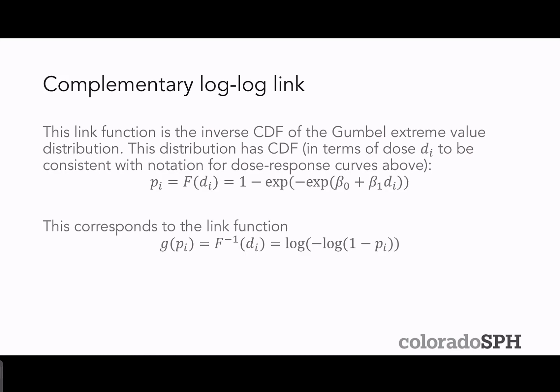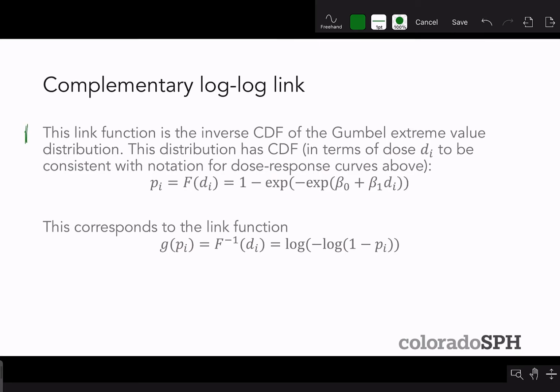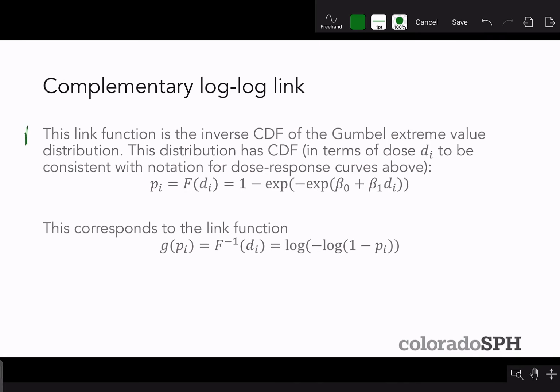So this link function is the inverse CDF of the Gumbel extreme value distribution. And this distribution has a CDF, which I'm writing in terms of dose d_i to be consistent with notation for the dose response curves above, though generally when you write probability distributions, you write them in terms of f of x or f of y. I'm just looking at f of d.